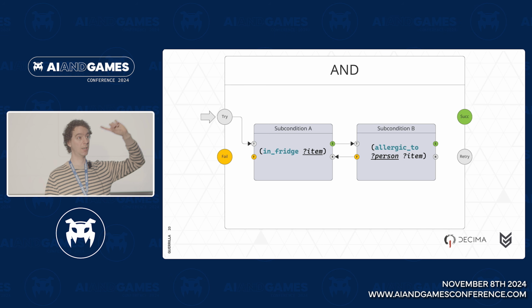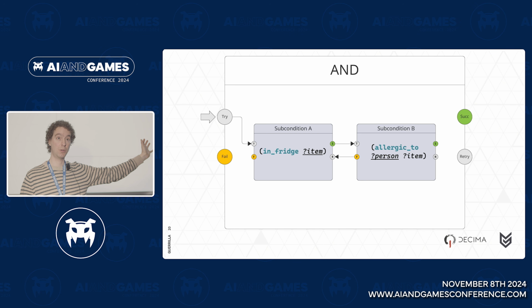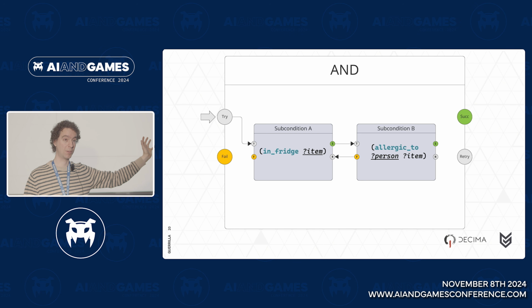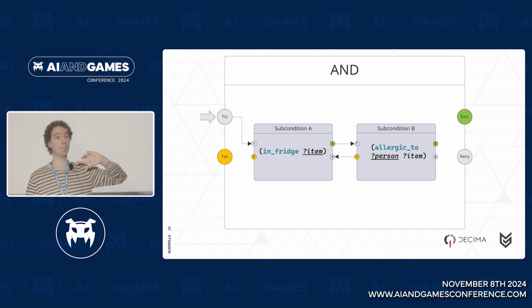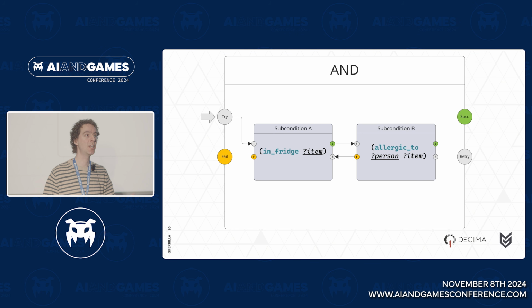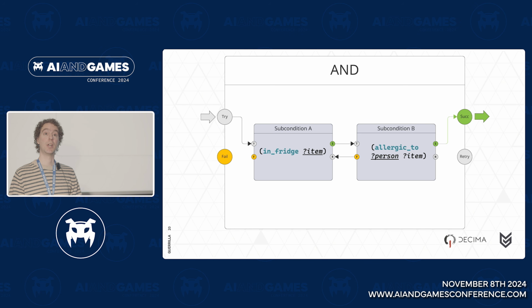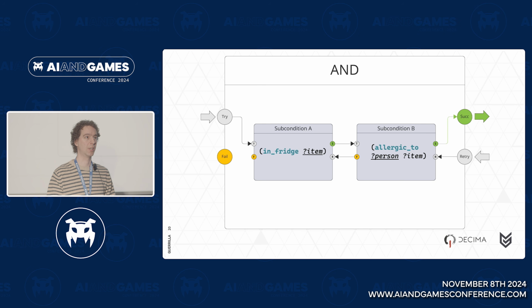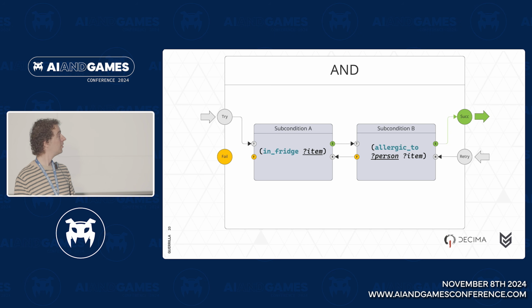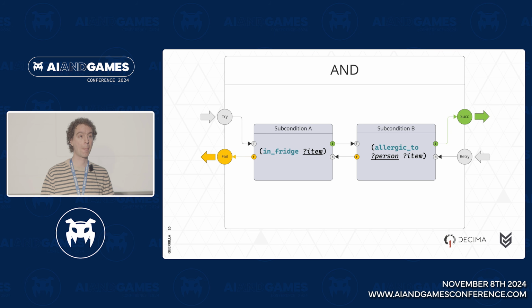Then we'll go back from our failure of the second subcondition back to subcondition A, finding another item, and then going back to B and finding eventually our matching pair of values. Now, from here we can keep asking what else, but because there aren't any other pairs of matching variables, we'll eventually move out failure.